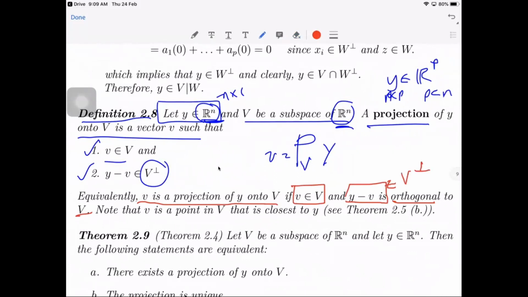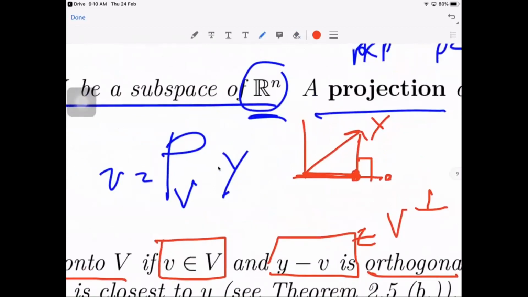Note that v is the point in V that is closest to Y. So if you have Y here, this will be the closest, that will be the projection, the one that will form a right angle there. Okay, so any other point will not be the closest. If this is your point, it is no longer the closest.